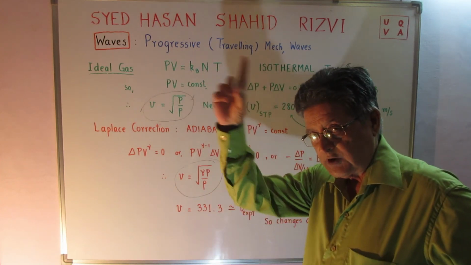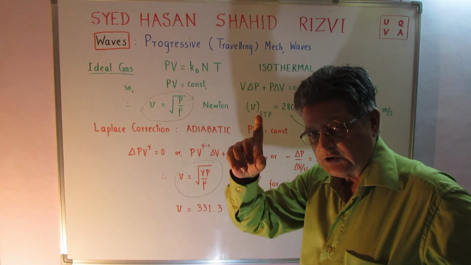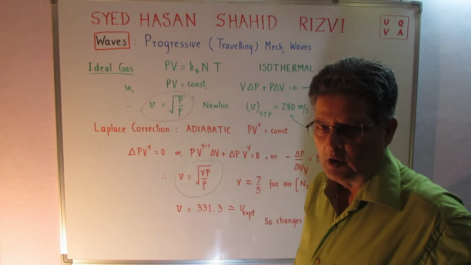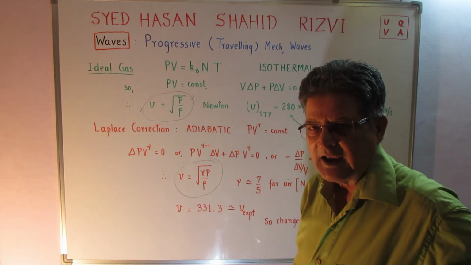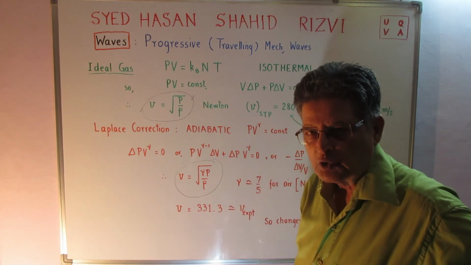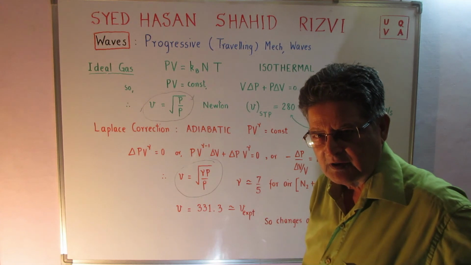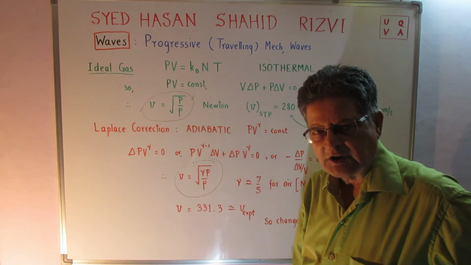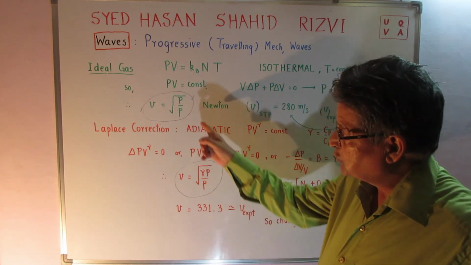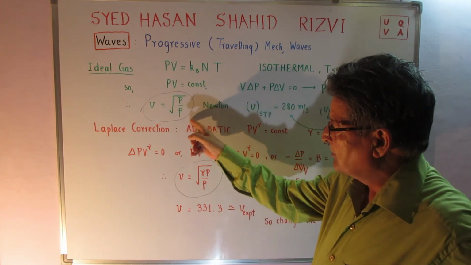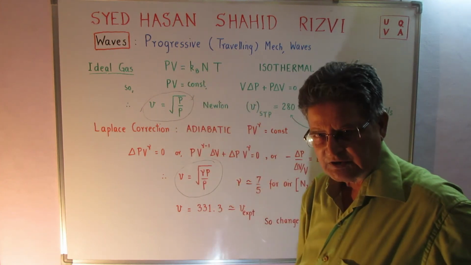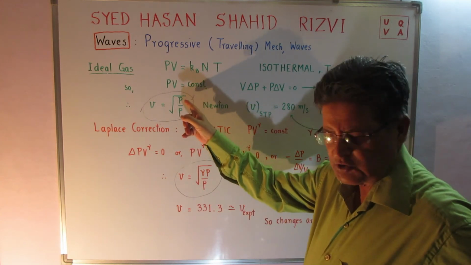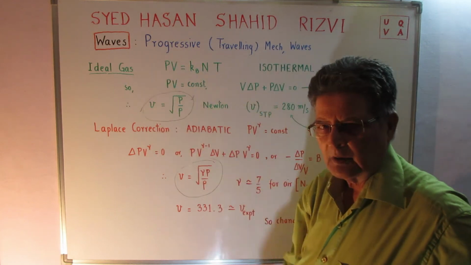Nitrogen 28, oxygen 32, water is 18. So 18 replaces 28 or 32, and therefore the total value of rho becomes less. And when rho is less and the pressure is fixed almost, then the velocity becomes less.